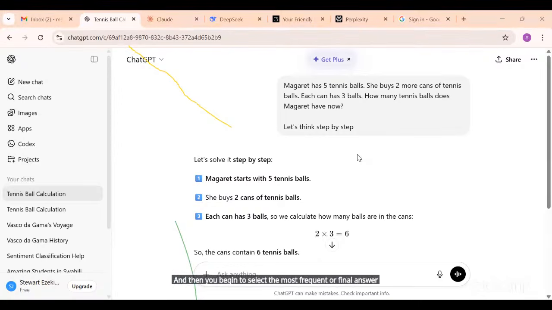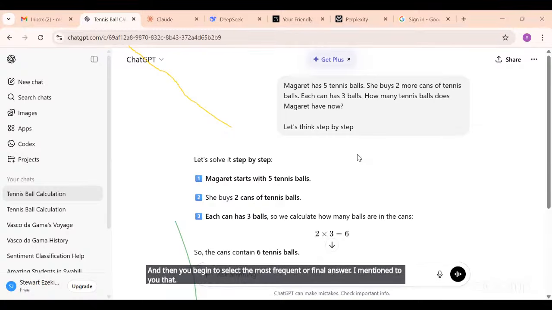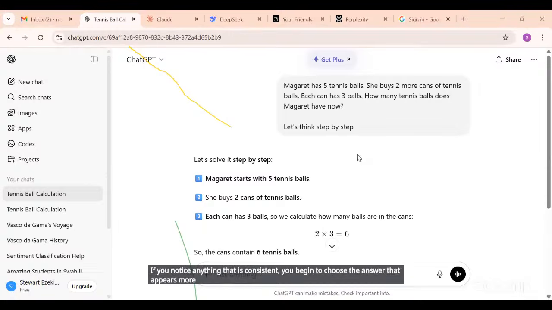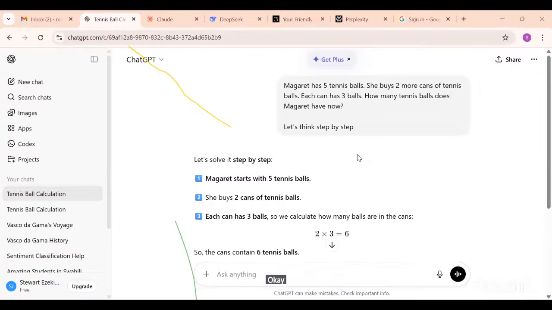I mentioned to you that if you generate the same prompt multiple times, like 3, 5, or more times, and you notice anything that is consistent, you begin to choose the answer that appears most frequently.